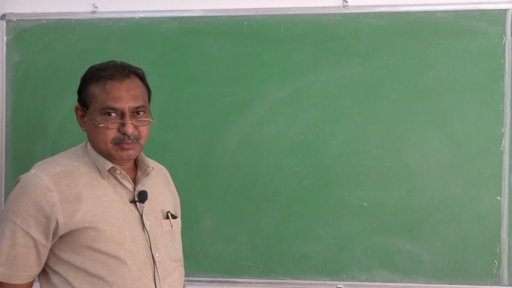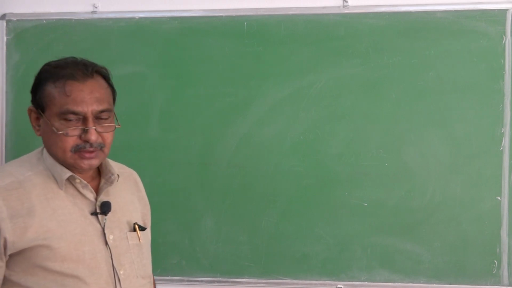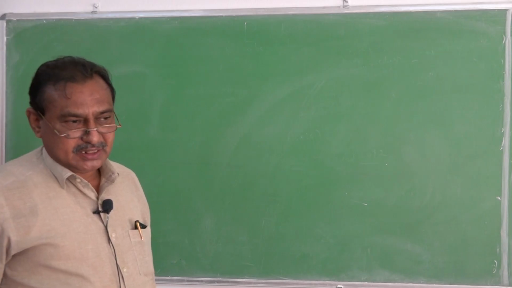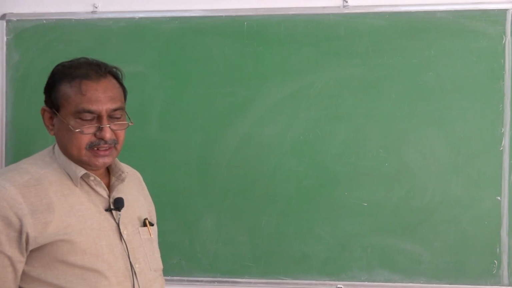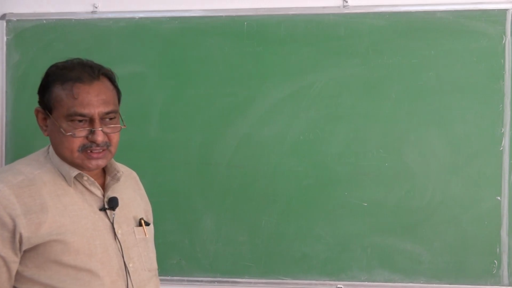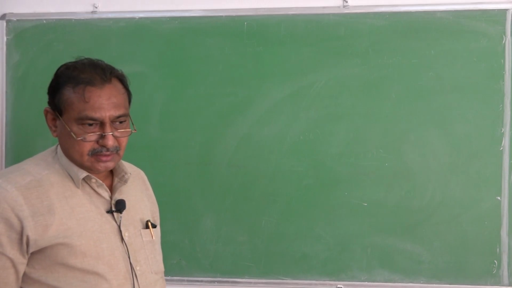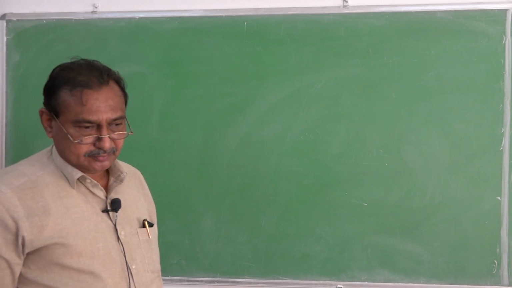Now I am asking a simple question. What is the slope of the budget line? The budget line goes from left to right downwards, a negative slope.